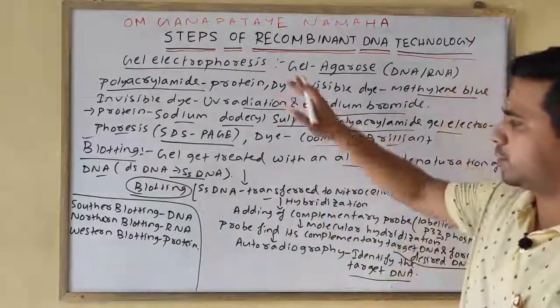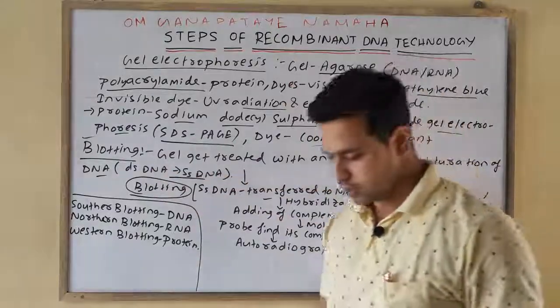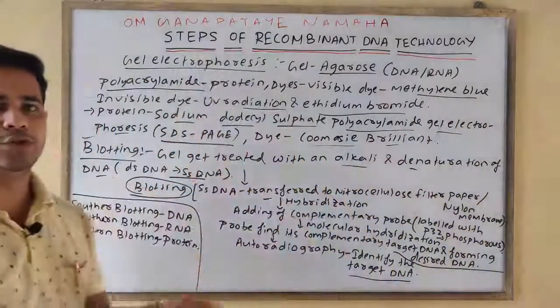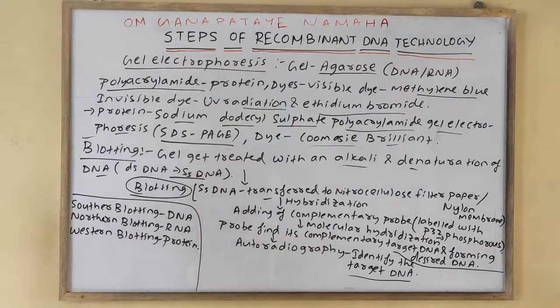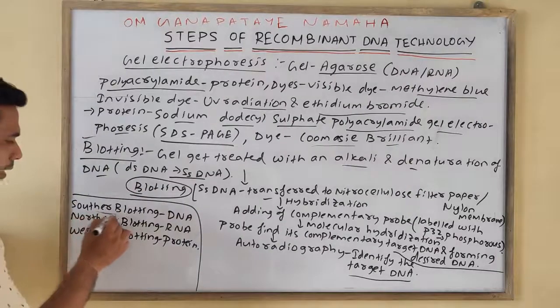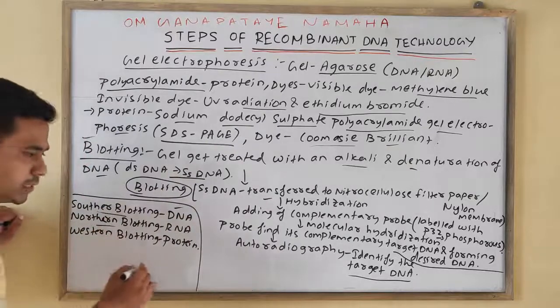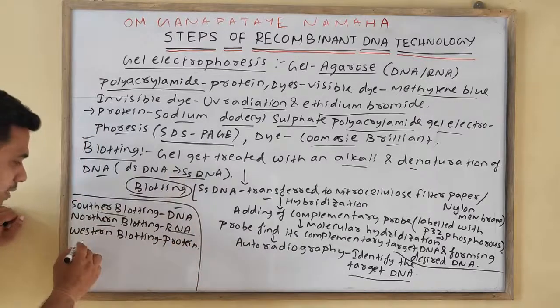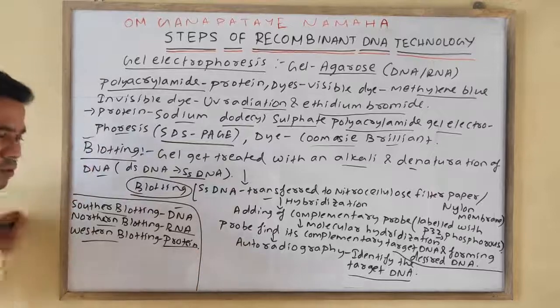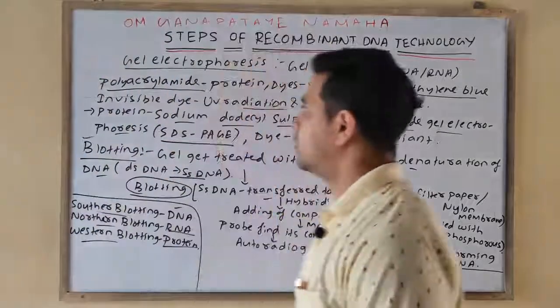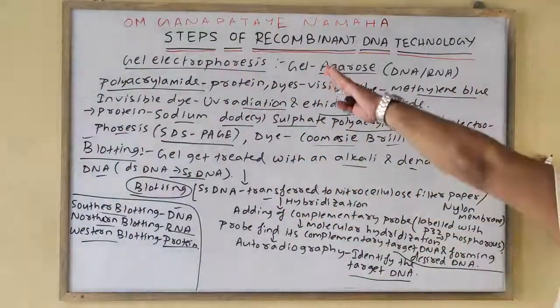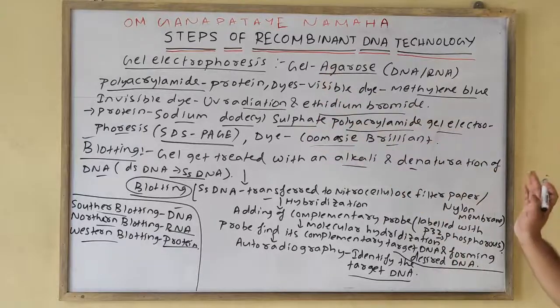Which blotting technique is used for DNA or RNA? Southern blotting is used for DNA, Northern blotting is generally used for RNA, and Western blotting is generally used for protein. Please note down.